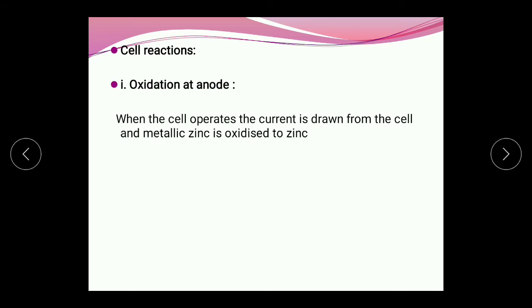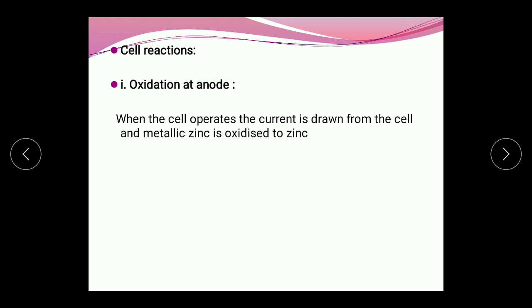First we will see oxidation at the anode. When the cell operates, current is drawn from the cell and metallic zinc is oxidized. The anode reaction is oxidation, which takes place at the anode. What is the anode? Here zinc is the anode.